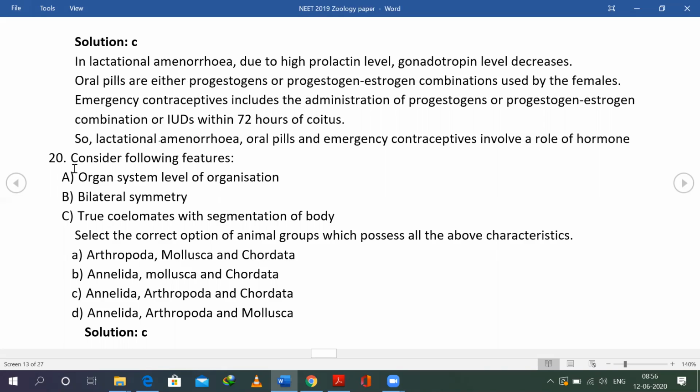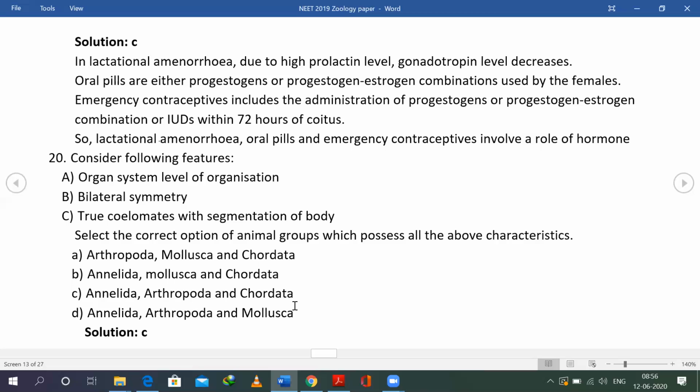Now, consider the following statements: organ system level of organization, bilateral symmetry, and true coelomates with segmentation of the body. Where do you see this condition? True coelomates with segmentation of the body; you need to see all these options. Arthropoda has segmentation, and Mollusca doesn't have segmentation, so that option is ruled out. Annelida has segmentation, but again Mollusca, no, so ruled out. Annelida, Arthropoda, and Chordata: do we have segmentation in all of these?